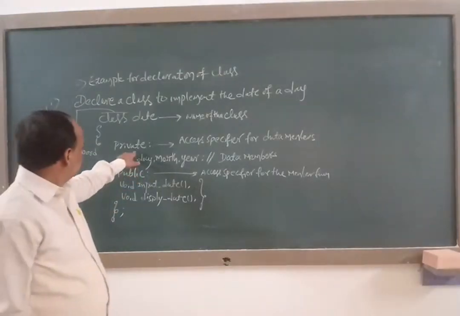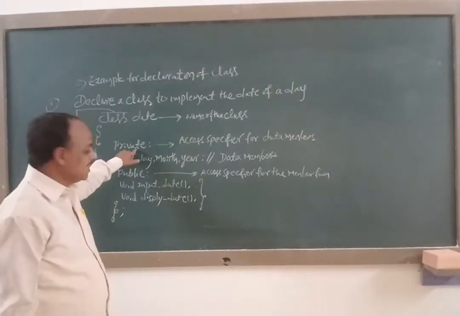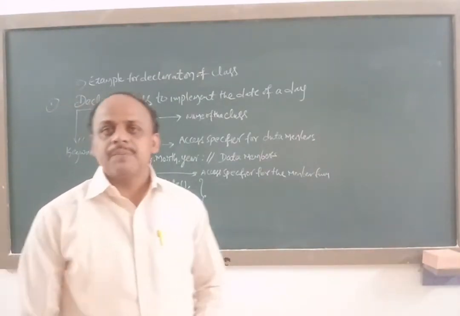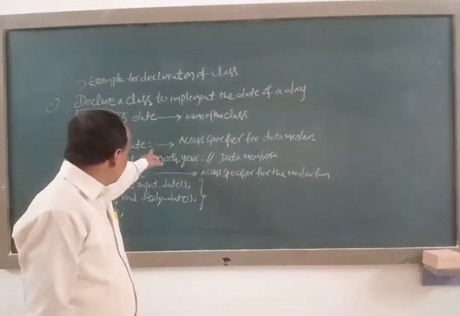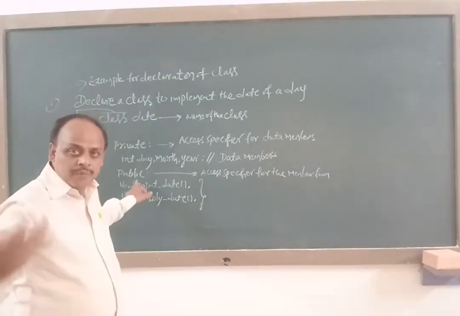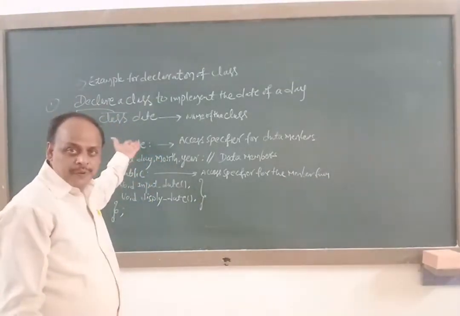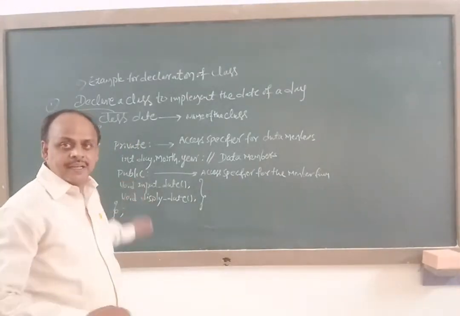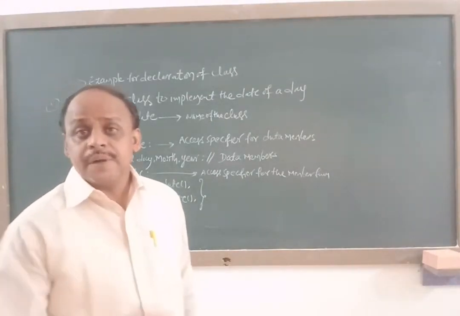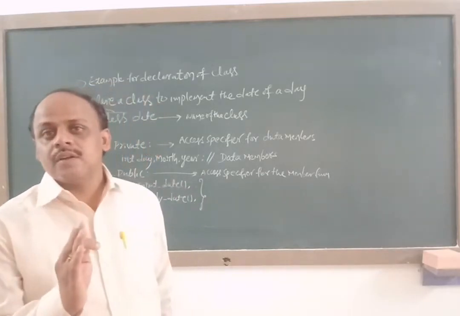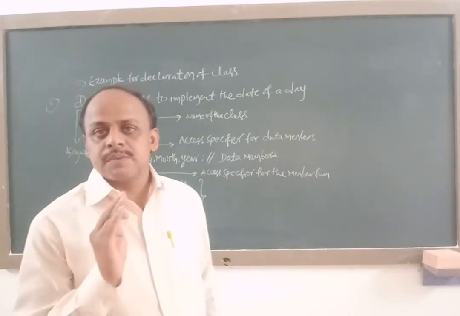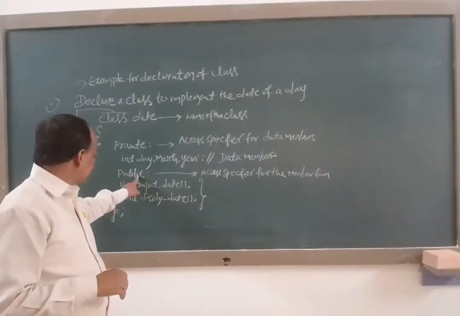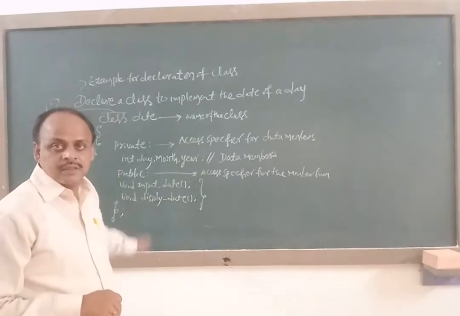Why we write private here and public here is just for example purposes. You may take public or protected here, or you may take private or protected, no problem. But we have to mention one access specifier for data members and one access specifier for member functions.